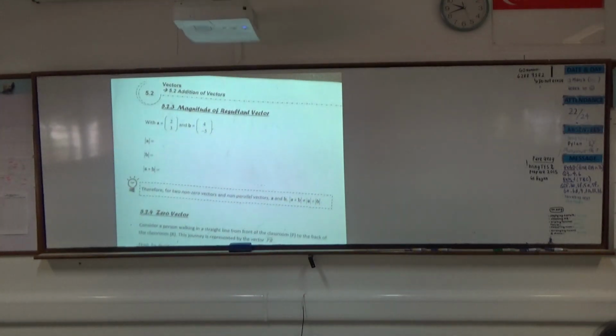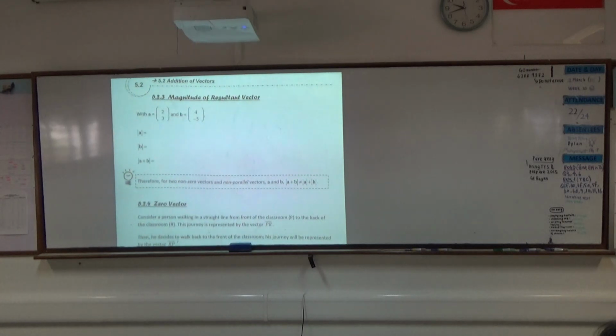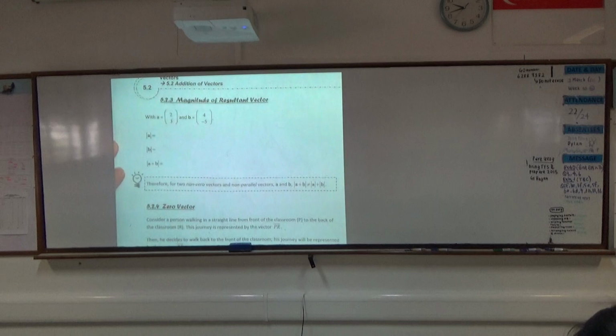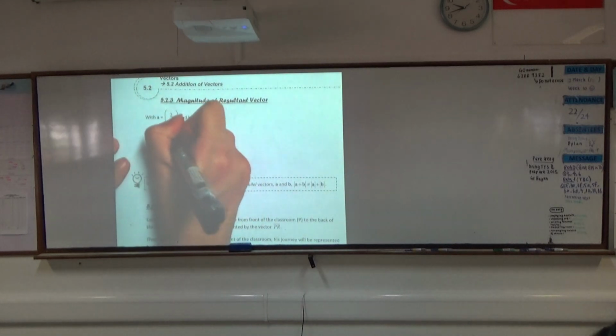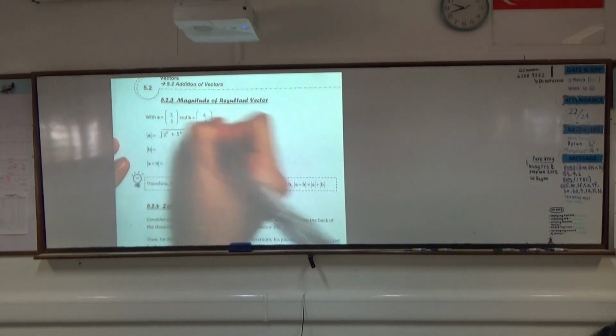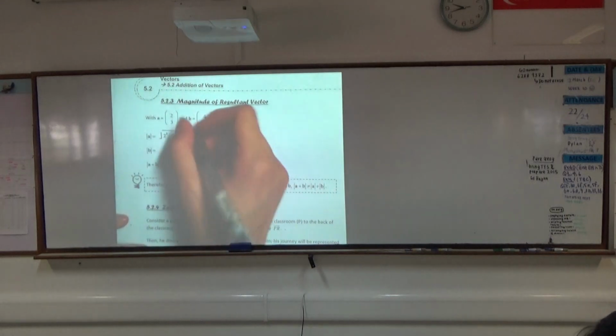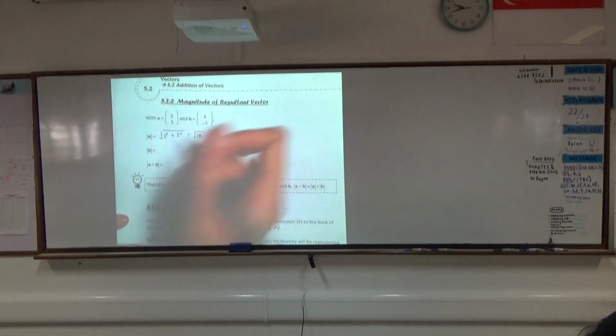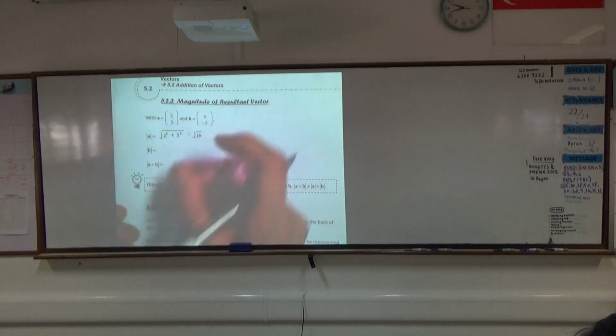Moving on. Magnitude of a resultant vector. To see the magnitude of the resultant vector, let's take a look at the magnitude of A itself. Since we have learned that the magnitude of a vector can be found using Pythagoras' theorem, 2 squared plus 3 squared, we see that the magnitude of A is square root 13.